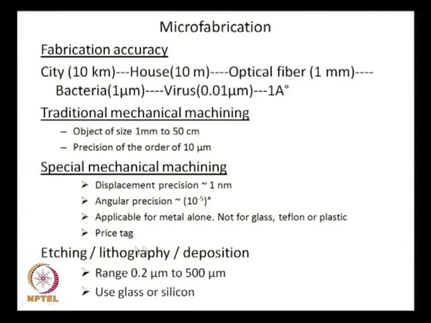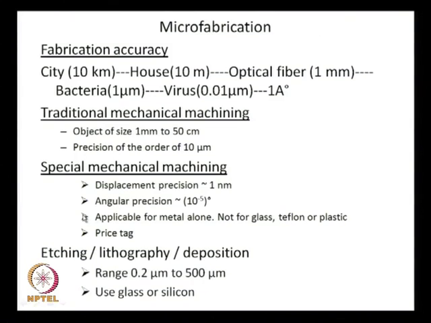Okay. And then with that device, we can make a positive, we can make the negative as well, and these devices would be used to make a master for plastic MEMS. All right. So, we are primarily focusing on etching, lithography and deposition, and then we will study how we can pour the plastic material.